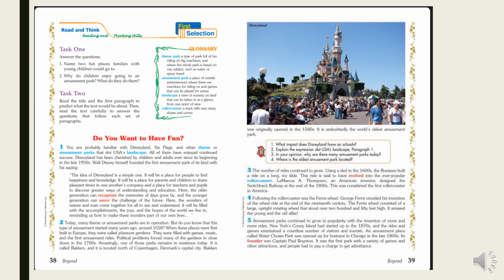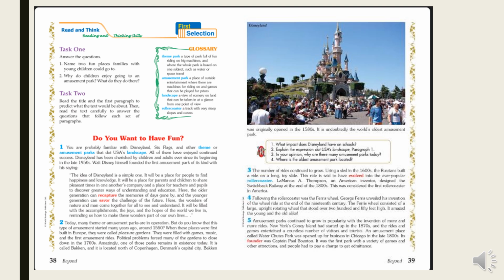Today, many theme or amusement parks are in operation. But do you know that this type of amusement started many years ago, around 1550? So this kind of amusement park started in the year 1550. So they are a very old kind of amusement park.